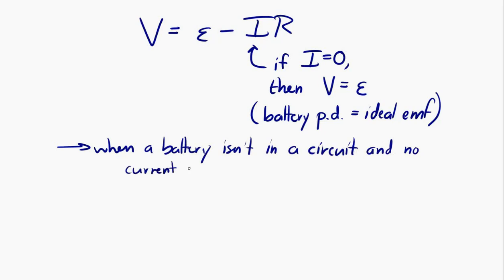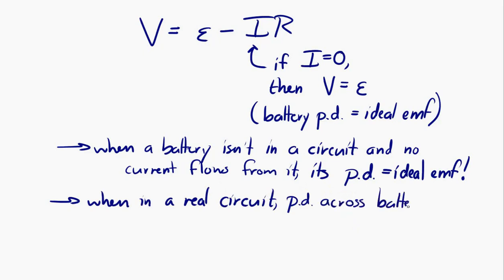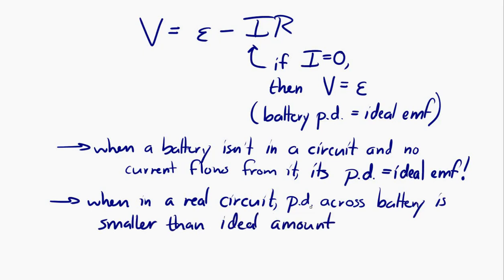Once you put that battery into a circuit and it starts providing a current, what you will find is that if you measure the potential difference across the battery, it will be smaller than the ideal size. It will be smaller by an amount IR, where I is the current coming out and R is the internal resistance of the battery. And you can see if the internal resistance of the battery is greater, then you will get a smaller potential difference from your battery.